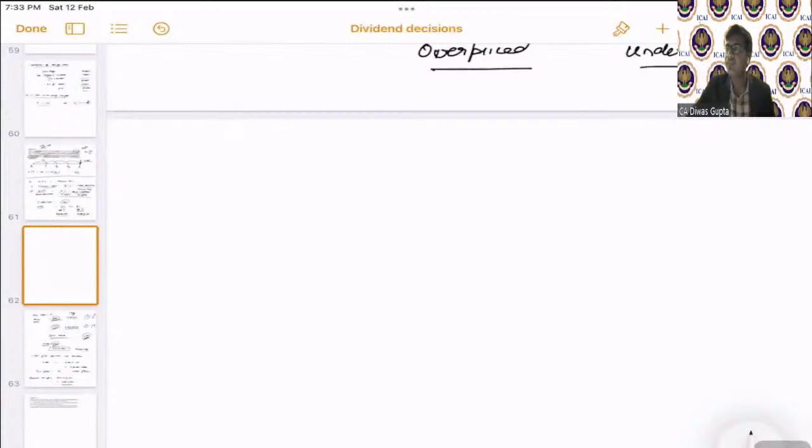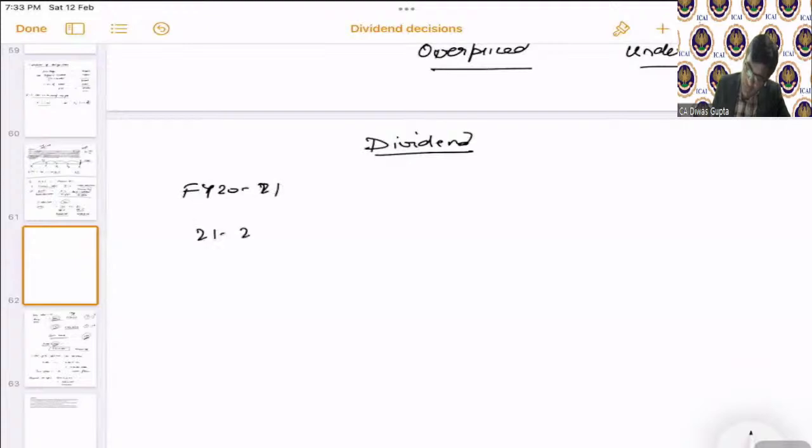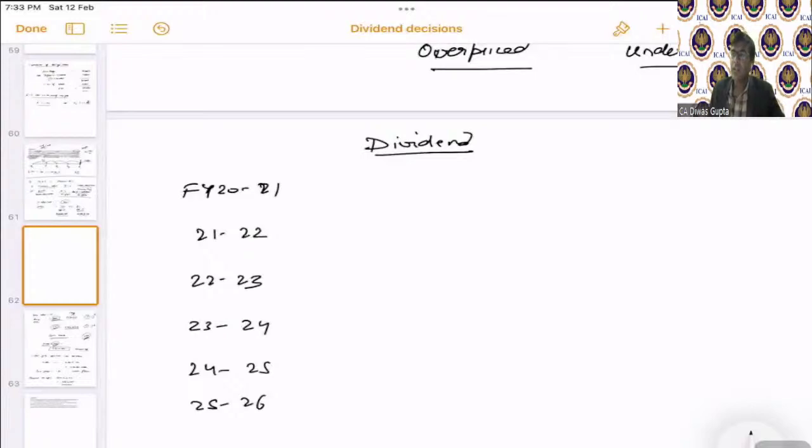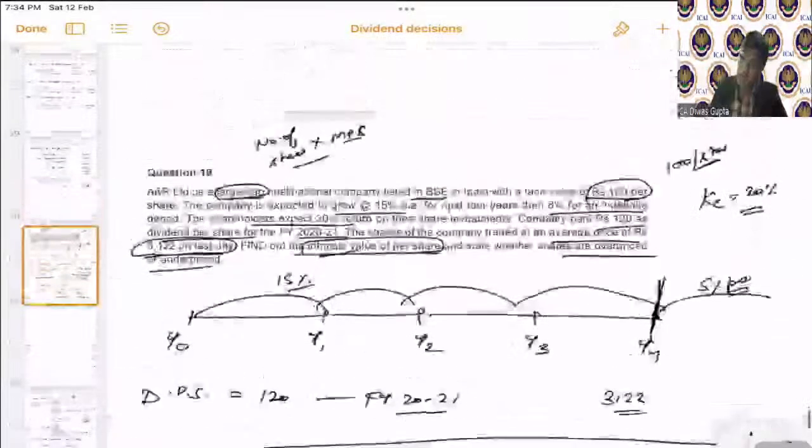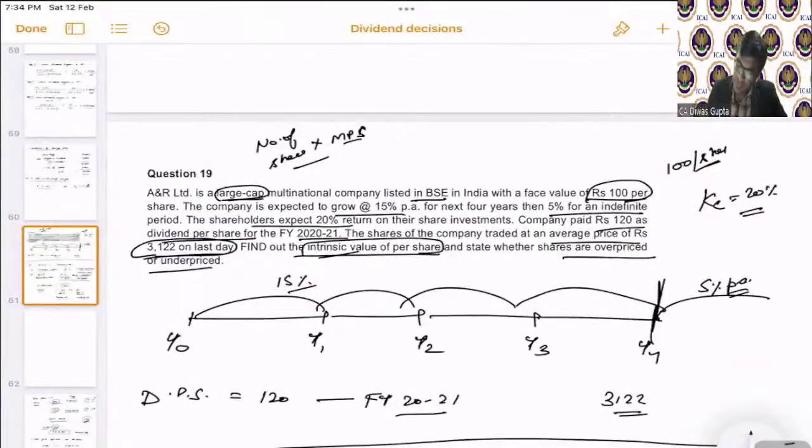Correct. So to start with the question, here we put the dividend for FY 2021, 21-22, 22-23, 23-24, 24-25, and 25-26. They have given 120 already for FY 2021.